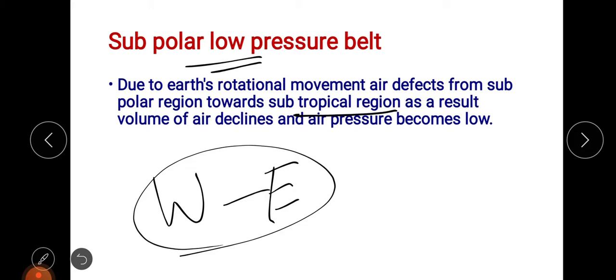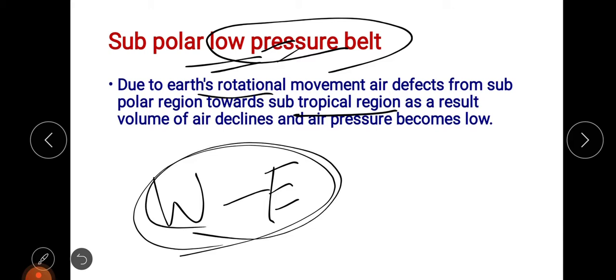So as a result, the amount, or the volume, of air in this subpolar belt becomes low, and therefore density is also low, and pressure is therefore low. That is why a low pressure region is formed in the subpolar region. So mainly why? Because of the earth's rotational force.